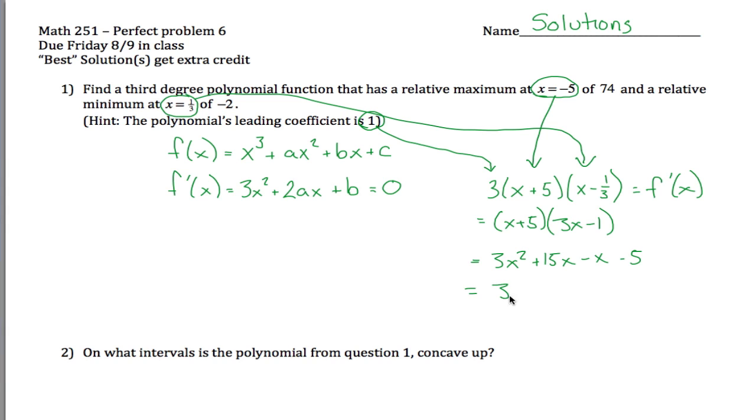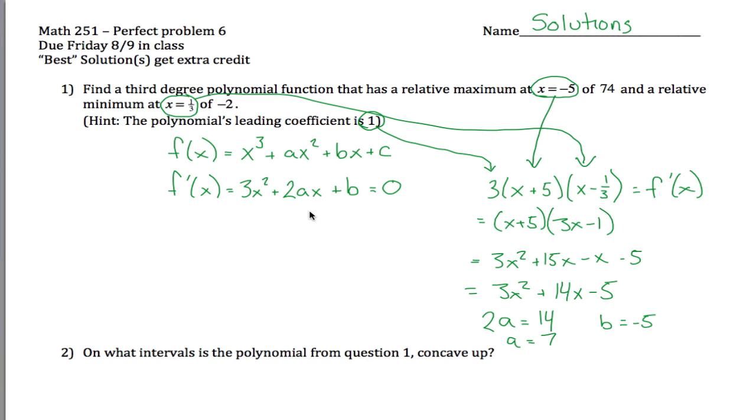So what we get is that the first derivative of the polynomial we need is 3x squared plus 14x minus 5. In other words, a must be equal to, well, let's see, 2ax must be equal to 14x. So 2a must be 14, so a must be 7. And b must be -5.